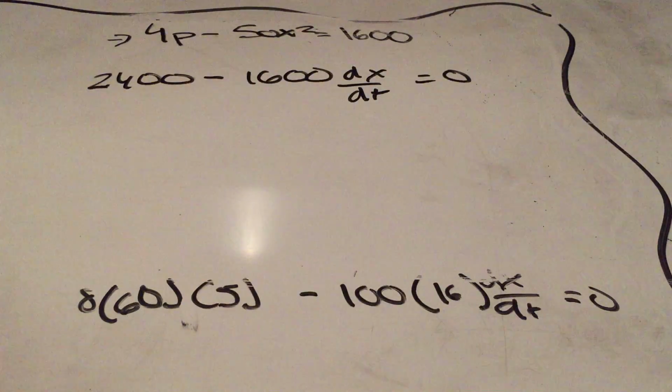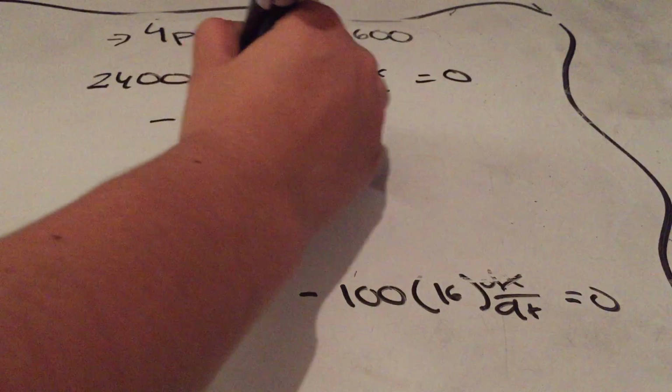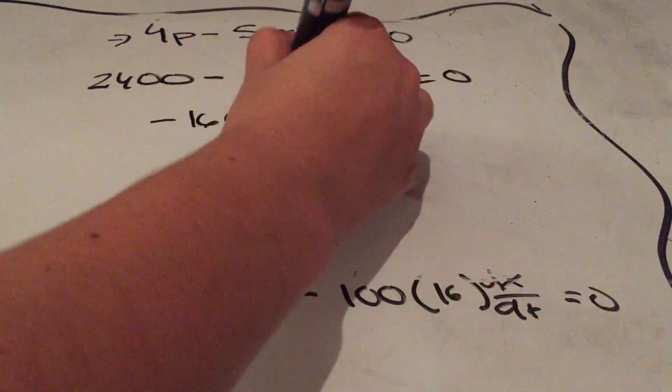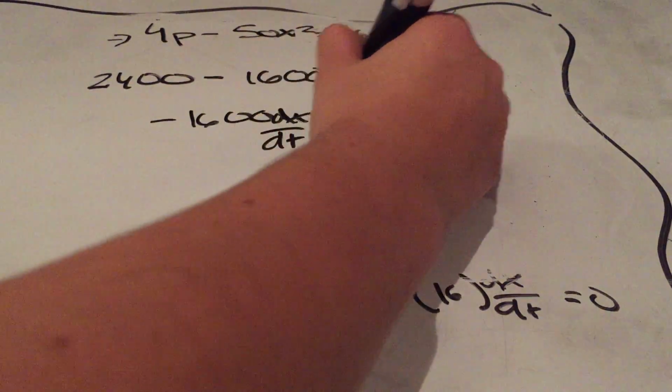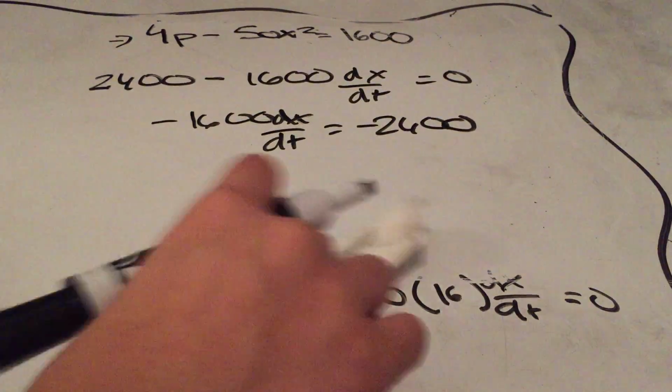Now we're going to subtract 2400 from both sides, so it's going to be negative 1600 dx over dt equals negative 2400.